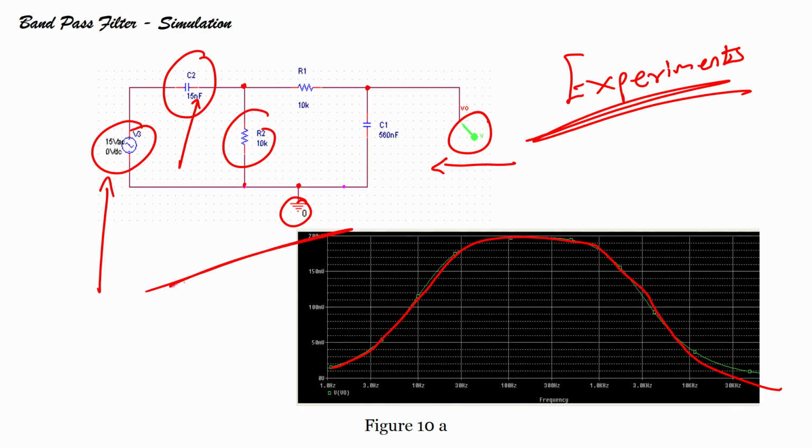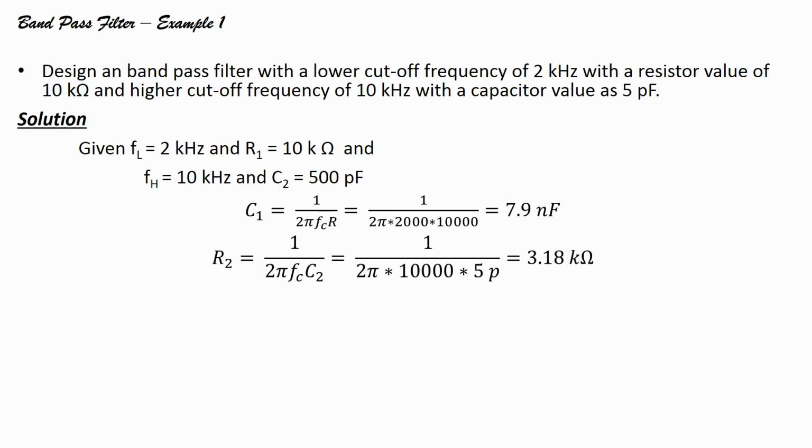We have to understand what is the band of frequency that is allowed to pass. We will see the minus 3 dB points that we have to calculate, so a band like this is allowed to pass and the rest of the band is not passed, thus it is a band pass filter.